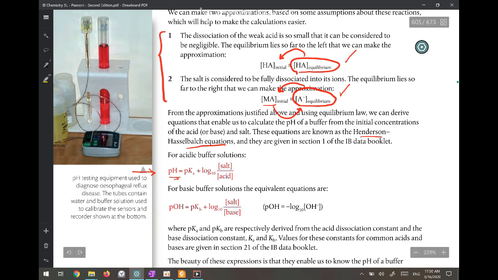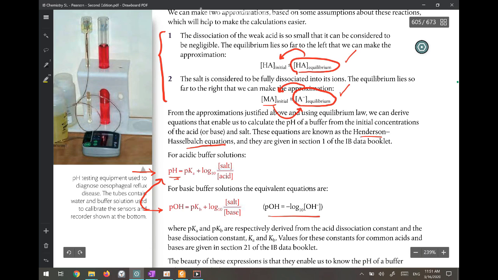For the basic buffer, you have this formula: pOH equals pKb plus logarithm of the salt over base. Okay, the definition of pOH is given here, but this formula is not available in the IB data booklet, but it's very similar to this one.